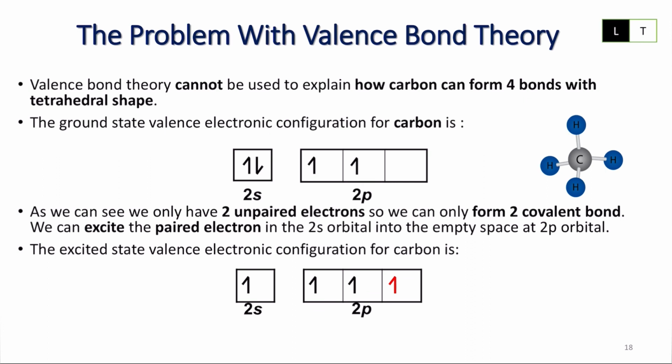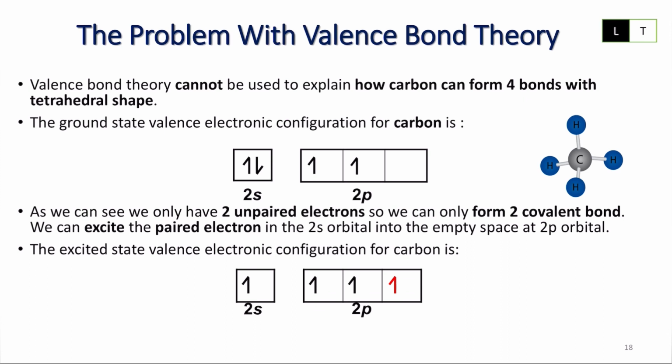However, we can excite the paired electron in 2s orbital into the empty space at 2p orbital. Maknanya daripada sini kita boleh excite dia dan kita akan tulis sebagai same spin dalam 2p orbital. So apa itu excite? Excite ni maksudnya dia excitation process where we provide energy to excite electron from lower energy level to higher energy level.